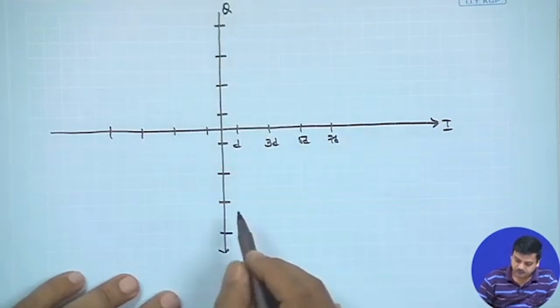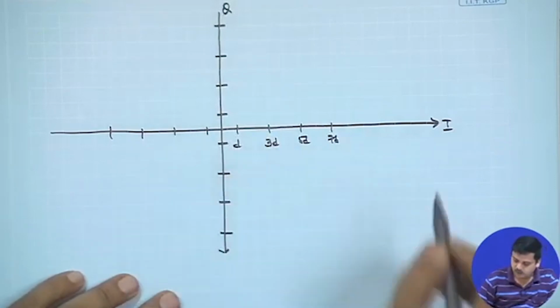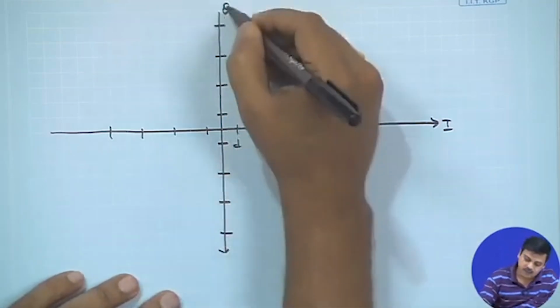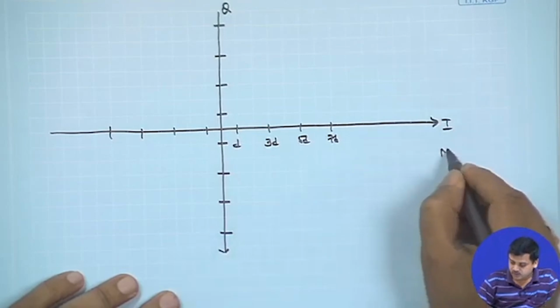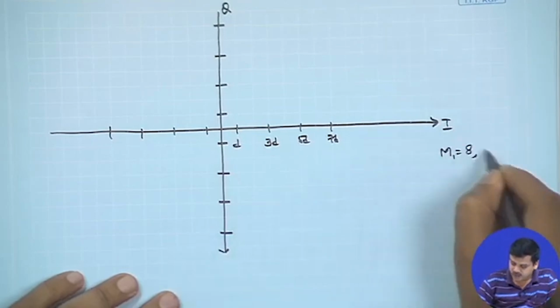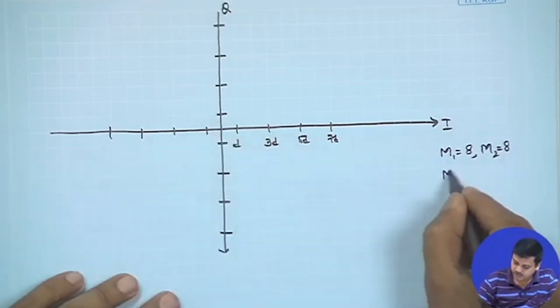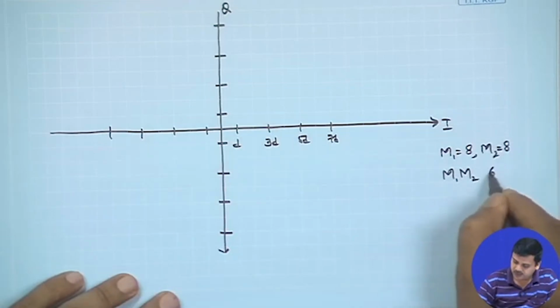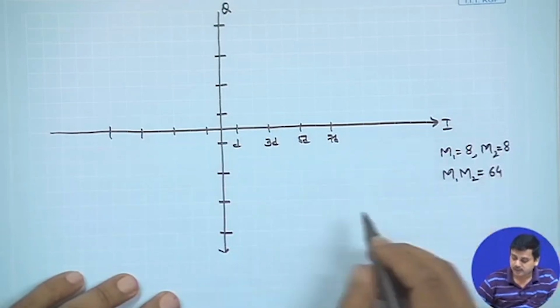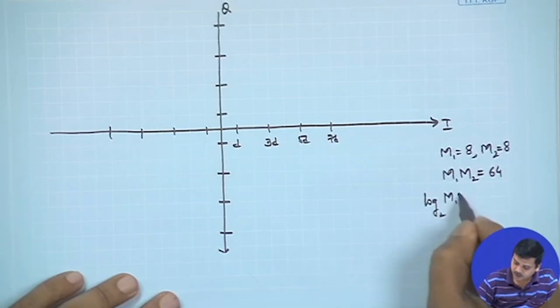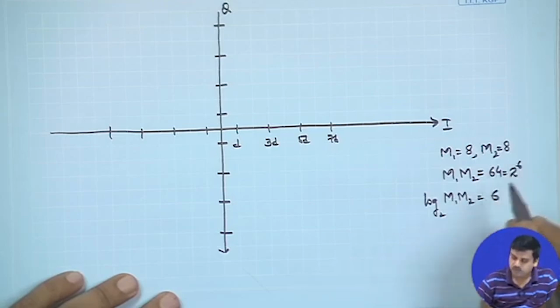So in total there are 8 levels on the I channel and 8 levels on the Q channel. You could say M1 is equal to 8, M2 is equal to 8. The product would give M1 M2 as 64, right? So the number of bits, log base 2 of M1 M2, would turn out to be 6, because 64 is 2 to the power of 6.